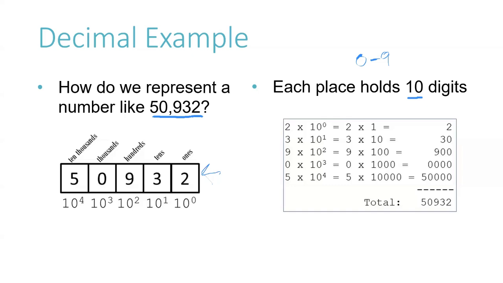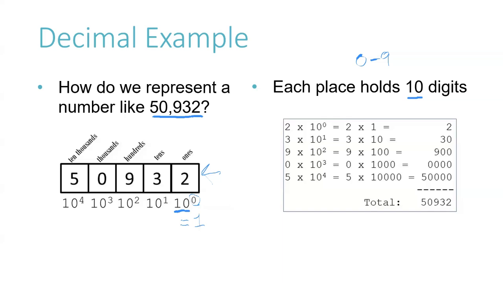And so the second piece of information is that each value has a base of 10 that grows exponentially. The first column is 10 to the 0, which you may remember from math. If you raise any number to the 0, you get the value of 1. So the first column is counting how many ones there are.